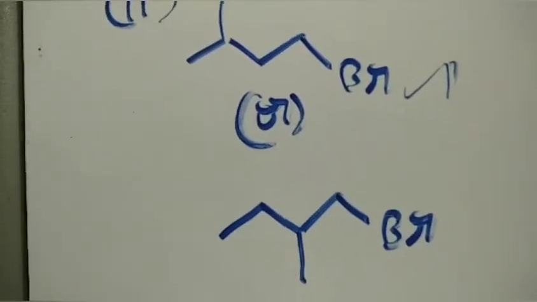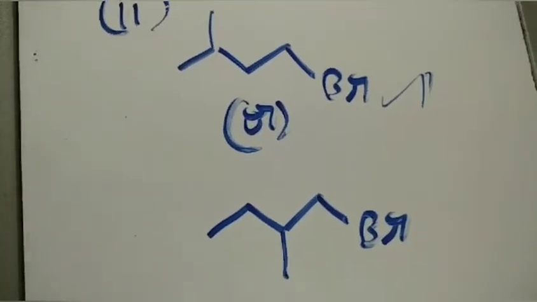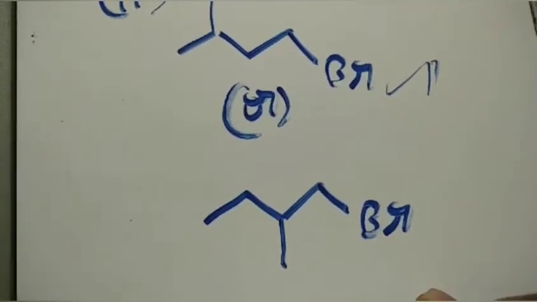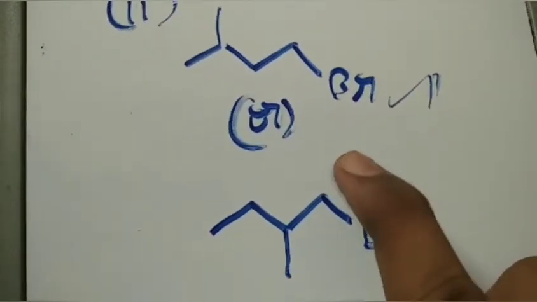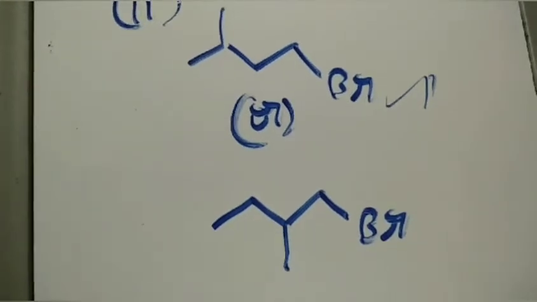Or you can say one more reason also, but this is not in your NCERT level, so I don't know if you can write it or not, okay. When this bromine leaves, a positive charge will be formed over here, okay. This positive charge can rearrange. That rearrangement will happen only in certain conditions that we will not discuss here.